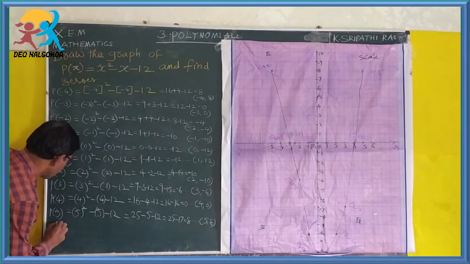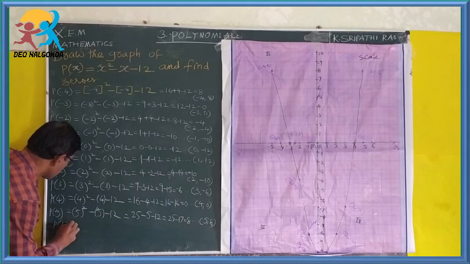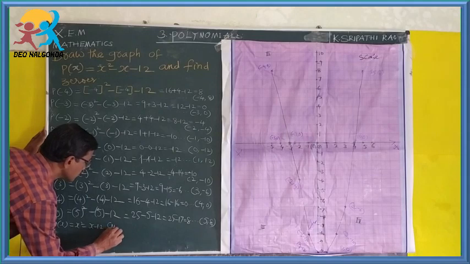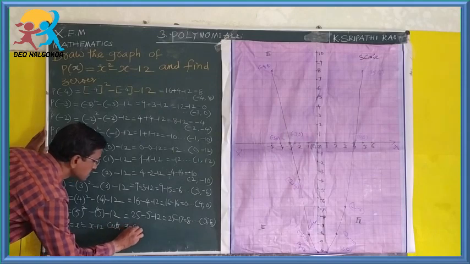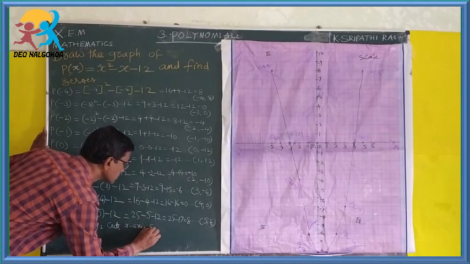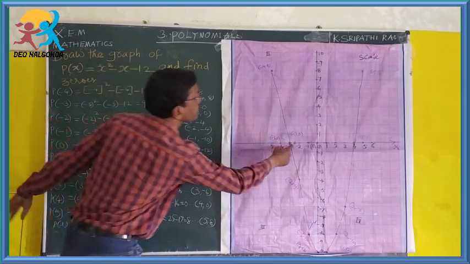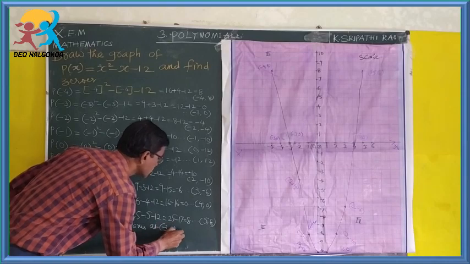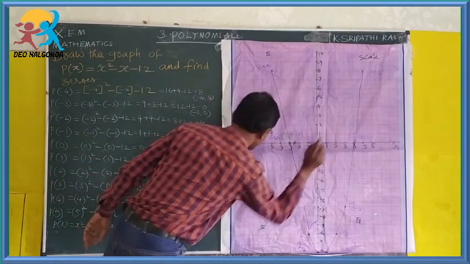So you have to write here the conclusion. The graph P of x is equal to x squared minus x minus 12 cuts the x-axis at minus 3 comma 0 and here 4 comma 0.